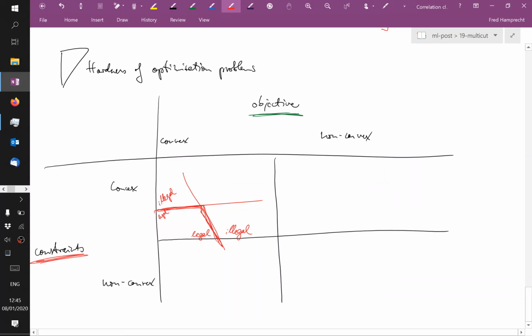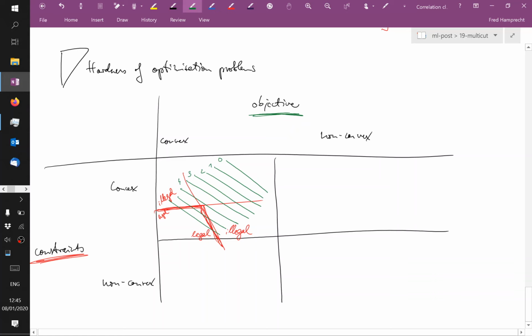Or let me give you another special case. Let's make the objective linear also, as in linear programming. So the objective would measure the energy, like maybe the energy here is 0, 1, 2, 3, 4.